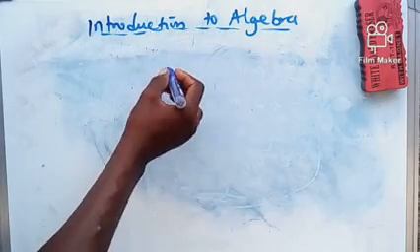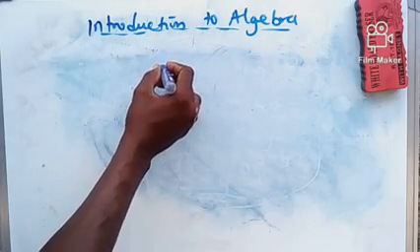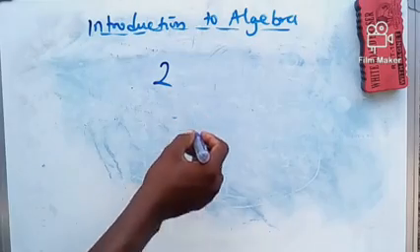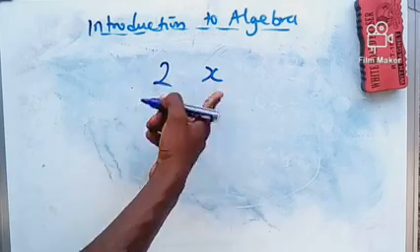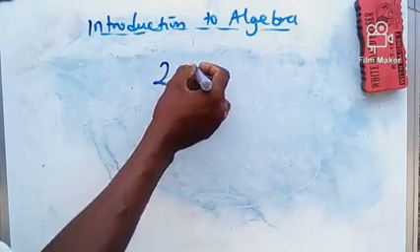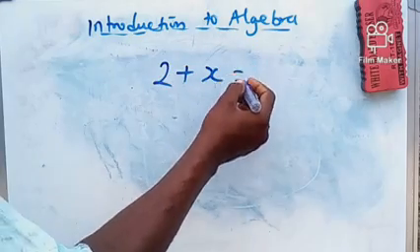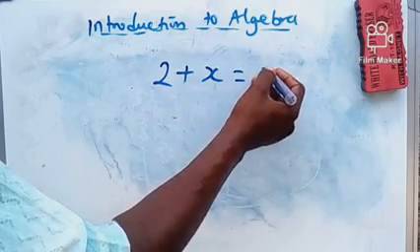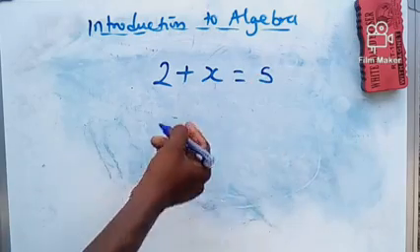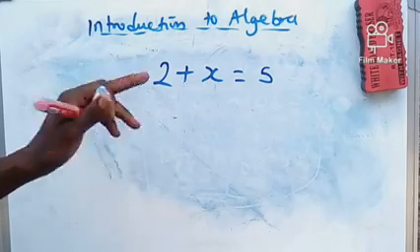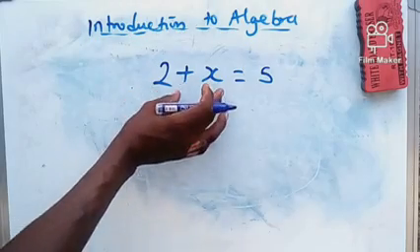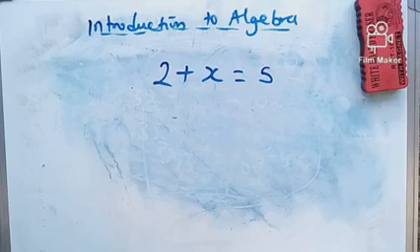If you get a number, let's say 2, and a variable x, and these two are bound together by addition, and they are equated to a certain number, let's say 5, and you're asked to find the value of x. To solve this problem, you need to make x stand alone.